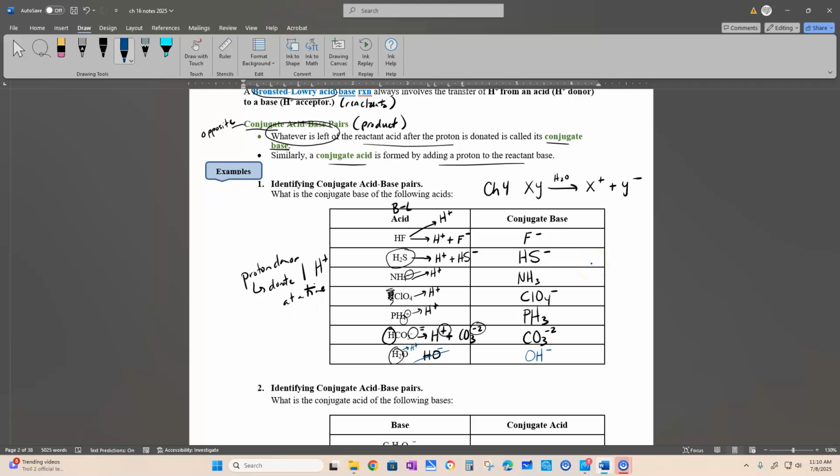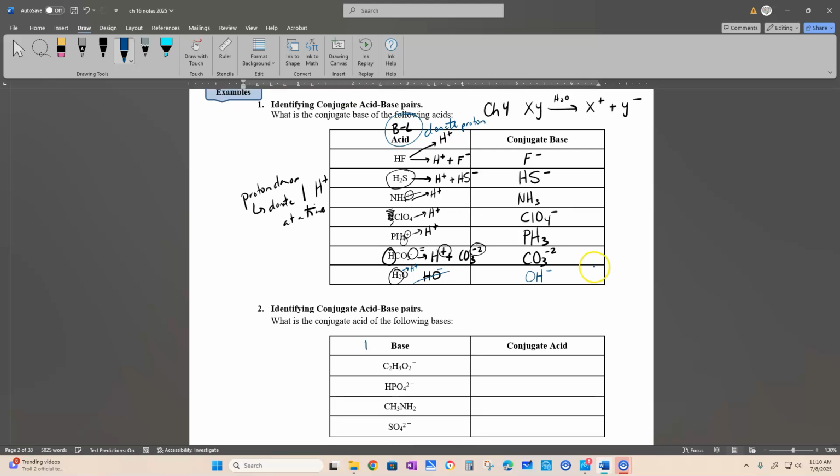So Bronsted-Lowry acids donate the proton. A Bronsted-Lowry base accepts the proton, and when it accepts the proton, it becomes a conjugate acid. Remember the opposite version.